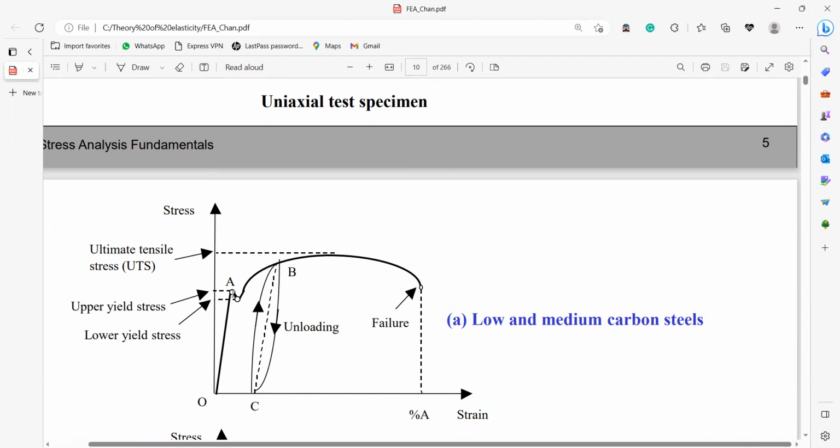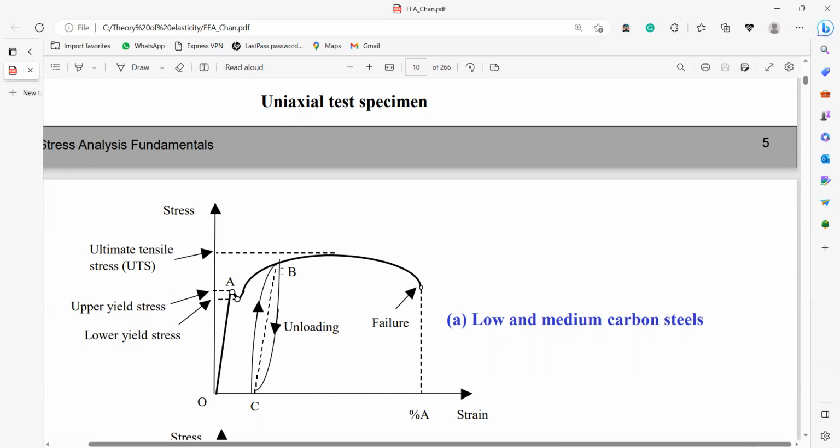And once the yielding has begun, immediately the stress drops down, and that is called lower yield stress. And again, what happens is the stress increases until it reaches UTS.